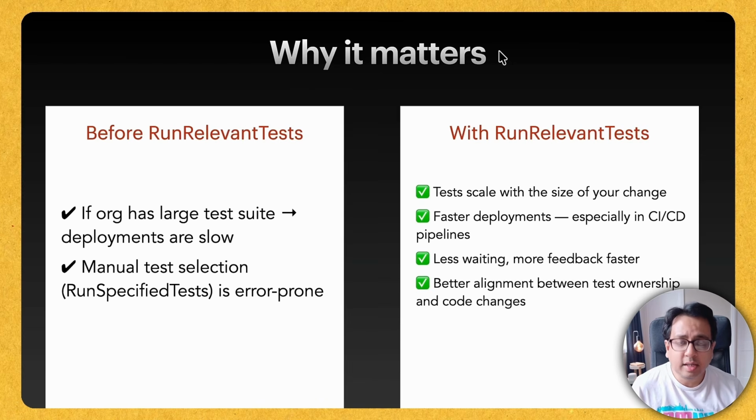So if you follow a test-driven development process, then every code change should be supported by a test. It's better aligned with that concept. Every code change is owned or is proven by a corresponding test method. So that's very important. This is where run relevant test is going to help your deployment process, making it faster at the same time without compromising the code quality.